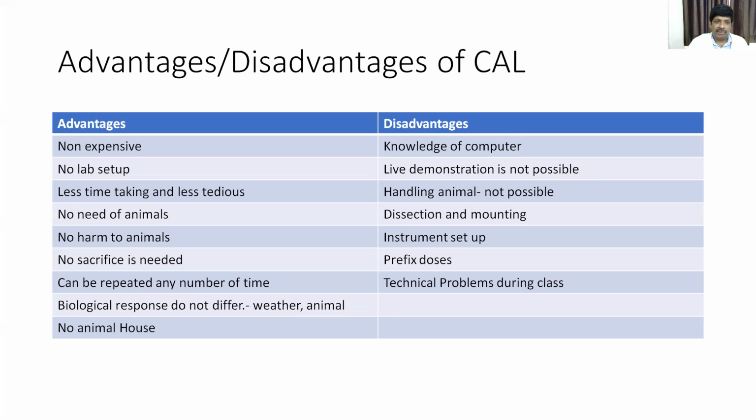Lab setup, though you say that you require a room and then computer system and all, the computer system can be kept anywhere, and you just need to have a software. So no particular lab is required where you need to have a preparation room and the chemical room, and those things are not required here.